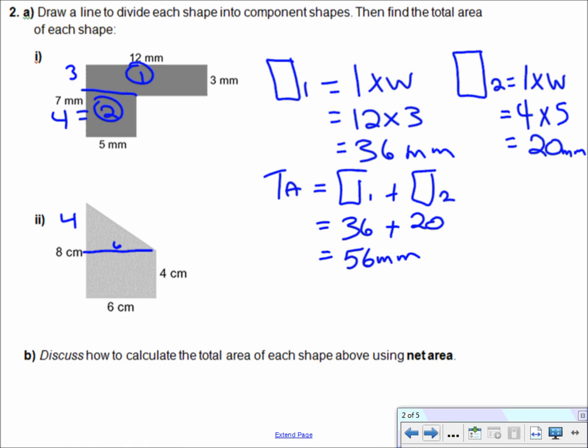Okay, so what I do here is, area of the triangle is equal to base times height divided by 2. So in this case, it's 6 times 4 divided by 2, which is 24 divided by 2, which is 12 centimeters.